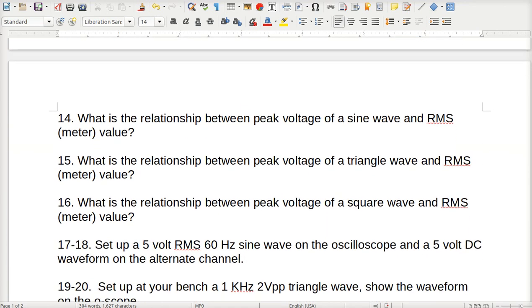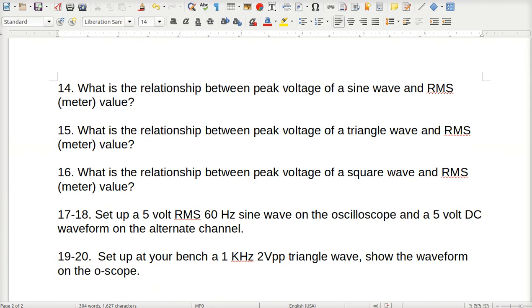Okay. Now, I said earlier that your meter value is reading something called an RMS value. Nobody writes RMS. So what you typically see when you see an RMS value is just a V. If it's a V without anything, it's RMS.